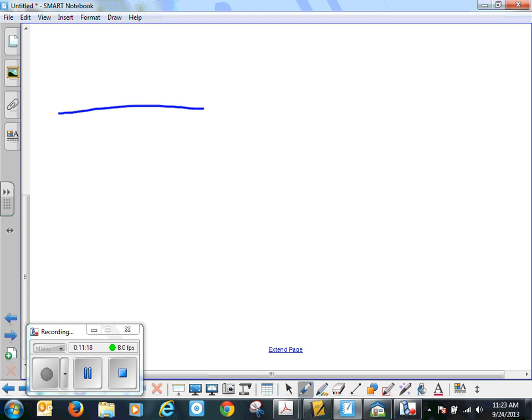Let's say that we have a table here, and we have a box on a table. I want you to come up with some force vectors for this object. If anything has volume, it takes up space. If it takes up space, it has mass. If it has mass, it has weight.